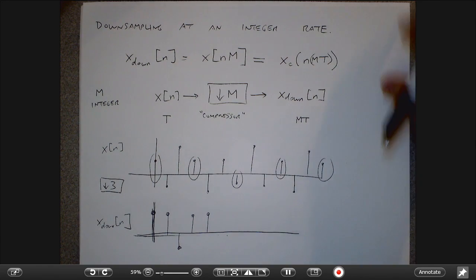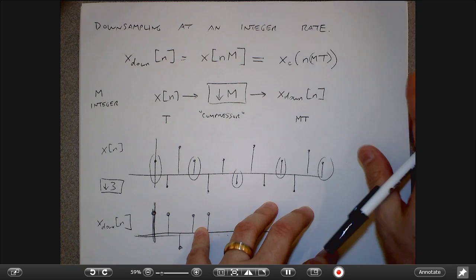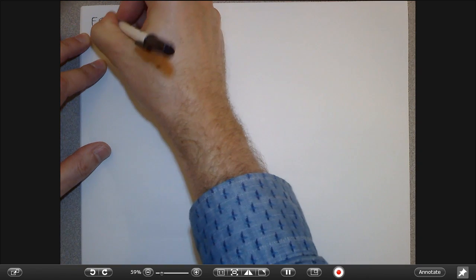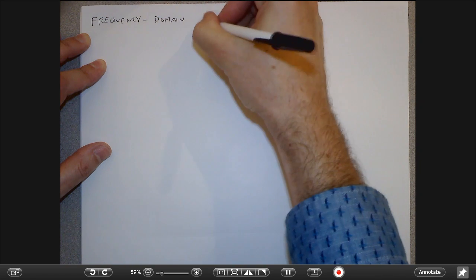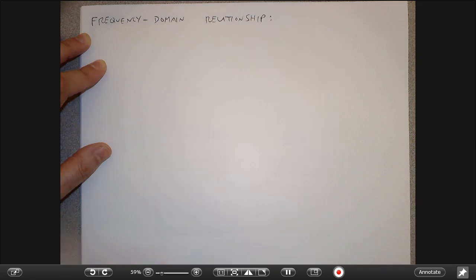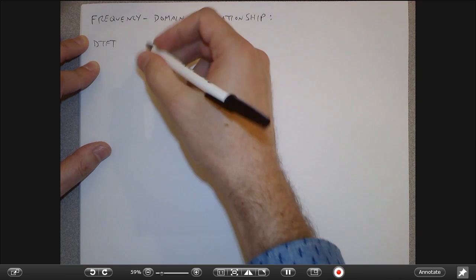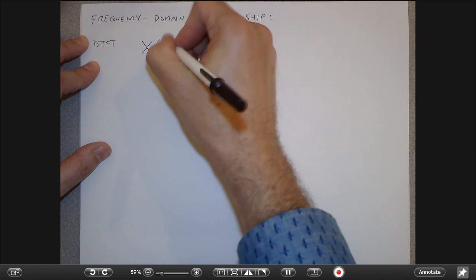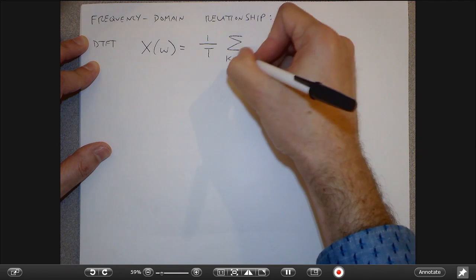Again, this is something that's a little bit easier to think about in pictures than in symbols, but I'm going to do the symbols first and then the pictures. So the frequency domain relationship: the DTFT of my original signal is basically a bunch of copies.